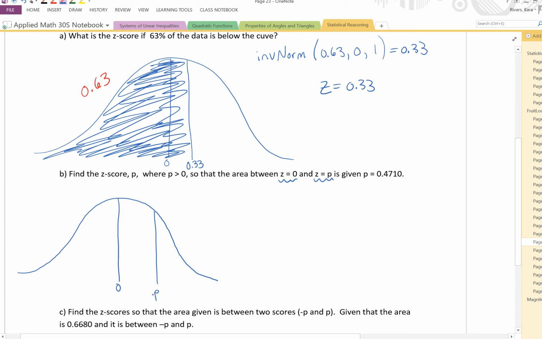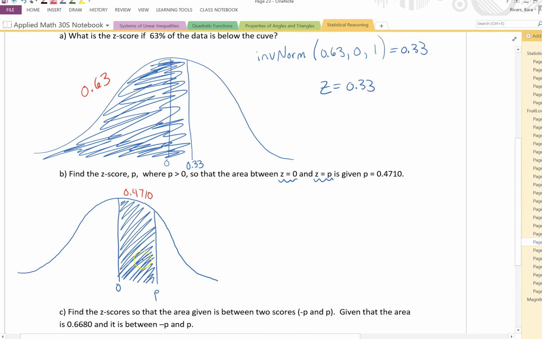Then they're saying the area between z equals 0 and z equals P, which would be this shaded area, is 0.4710. So the area or probability under that curve, specifically between 0 and P, is that.